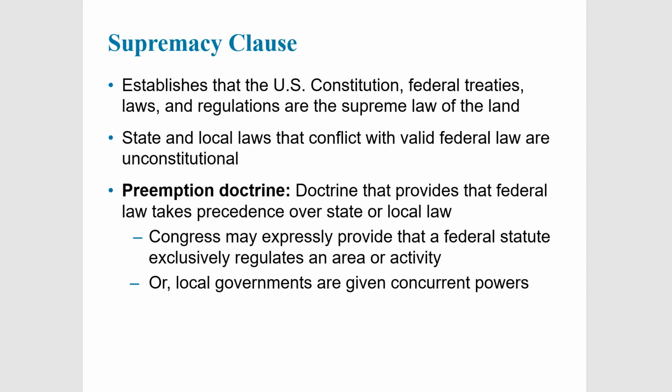An example of that might be that there's a federal law establishing a nationwide minimum wage. States can go in and establish minimum wages that are higher than the federal minimum wage, but they can't enforce a minimum wage that would be lower than the federal rate.